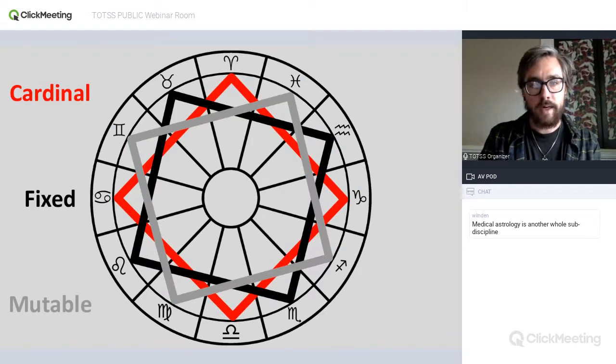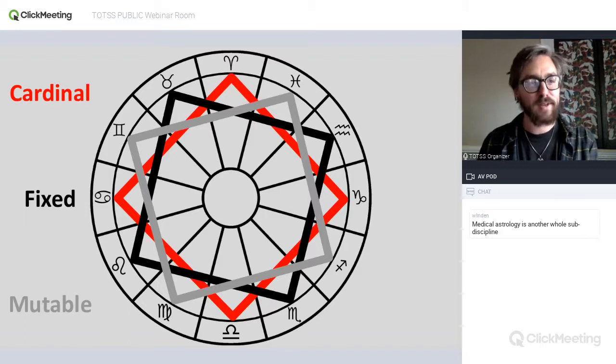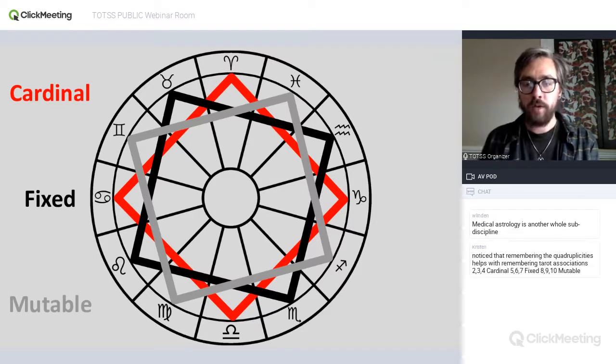All right, and then I was lazy and didn't interweave these figures here like I did on the last one. Now we have the division, the quadruplicity, the division into cardinal, fixed, and mutable. So the red square touches the 4 cardinal signs. And again, remember that these are the beginnings of the seasons, right? So we're Aries, the beginning of spring; Cancer, the beginning of summer; Libra, the beginning of autumn; and Capricorn, the beginning of winter.